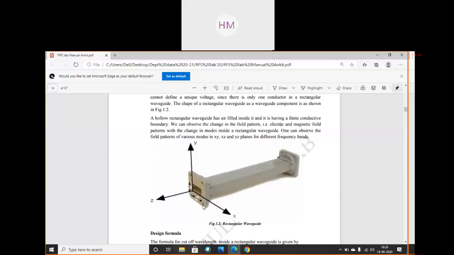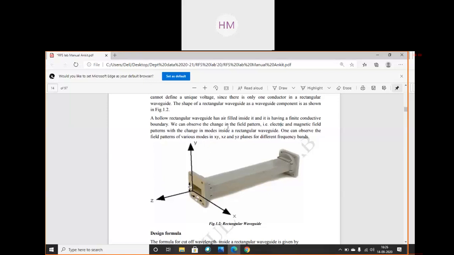You can see in the diagram, you can draw this diagram also, that this inner width of this hollow area is A. The inner height of this hollow area where air is filled is B. Clear, students? And the height is Z.